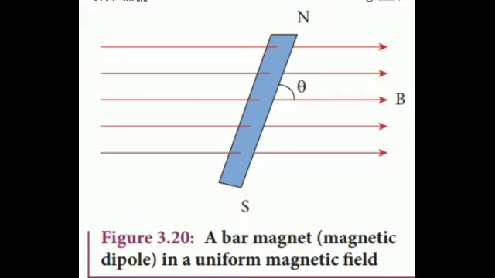If the dipole is rotated through a very small angular displacement d theta against the torque at constant angular velocity, then the work done by the external force for the small angular displacement is given by dW equals modulus of external torque times d theta.